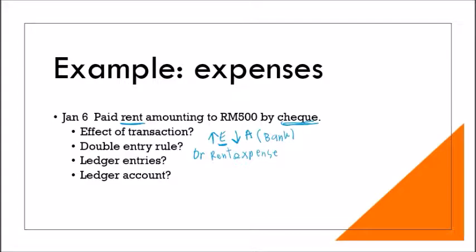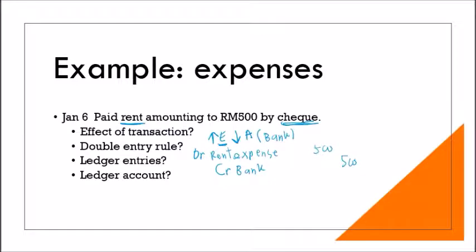Okay, so what is on the credit side? Bank, since it is paid by check, both amounting to 500. Okay, so these are your entries.